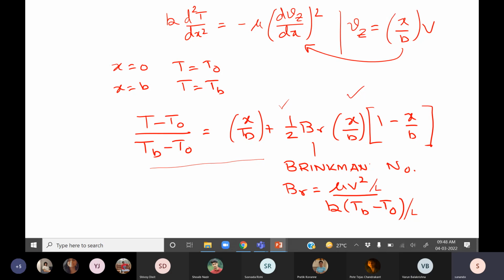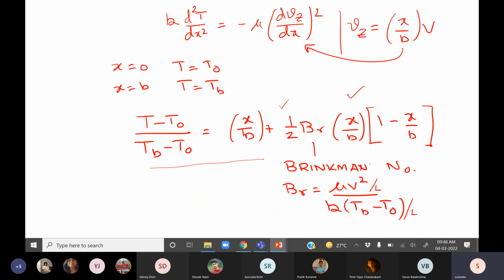If you look at the top part, it is the viscous dissipation part. So the Brinkman number tells you whether the viscous heating is important relative to the conductive heat flow in such a system.